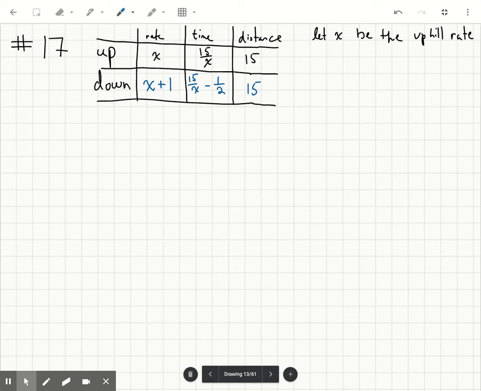All right. So whenever we have these problems, you're usually going to set up an equation where you have rate times time is equal to distance. We have the rate, we have the time, and we have the distance. So we could go ahead and set that up. So we should say that rate times time is equal to the distance, which is 15, right? Let's set that up.